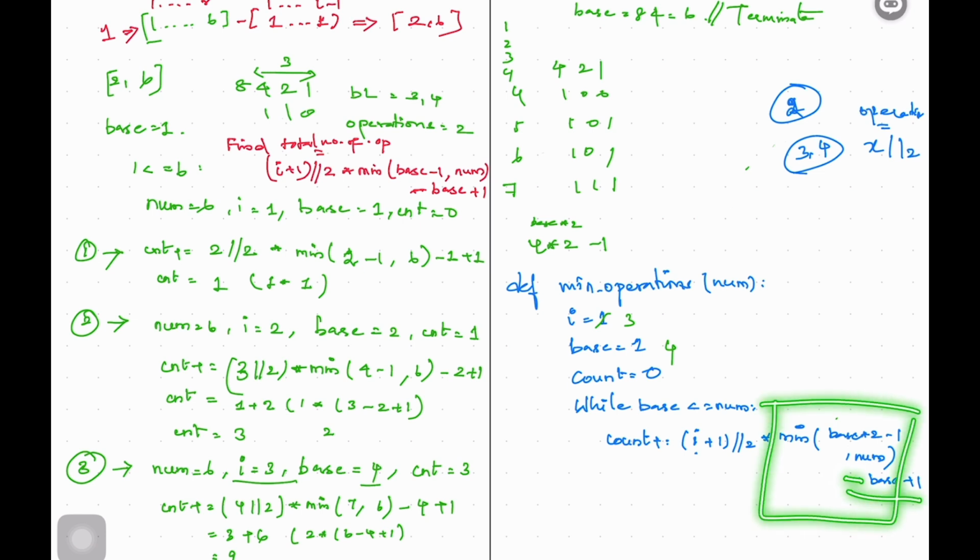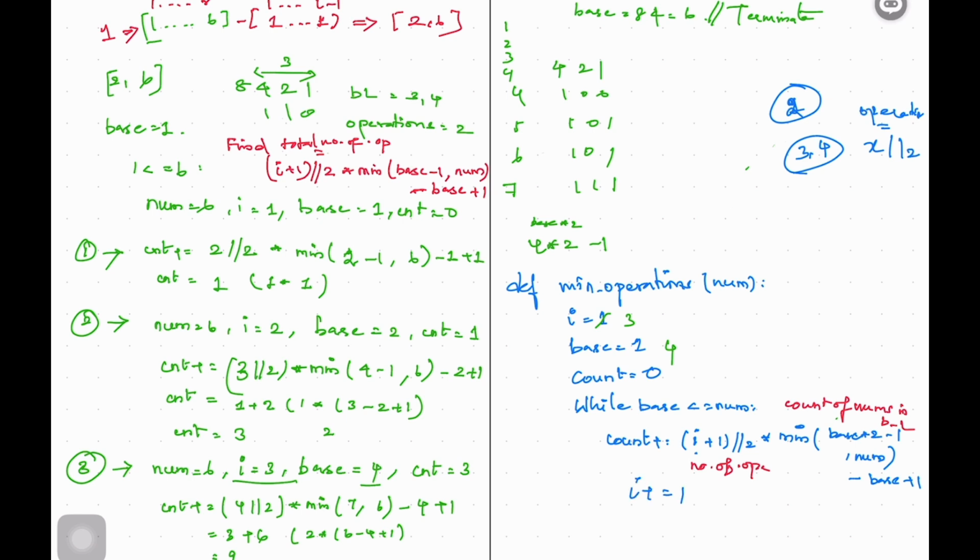This is basically the count of nums in that binary length. This is the number of operations. Got it?